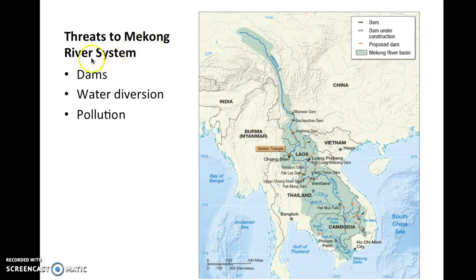Threats to the Mekong River system. So there are some existing dams that are already there. You see right along here, you see some dams. They're mainly in China. There's a couple, Laos and Vietnam and Cambodia are building some dams. You get down here, they're building some dams, but there's dams under construction, and then there's also proposed dams.